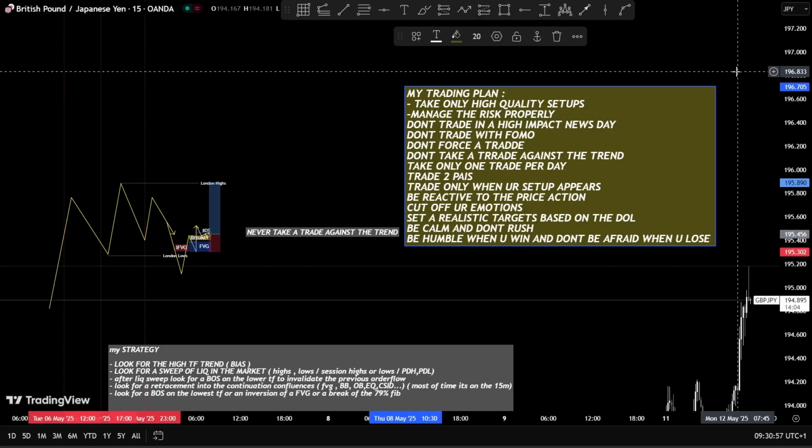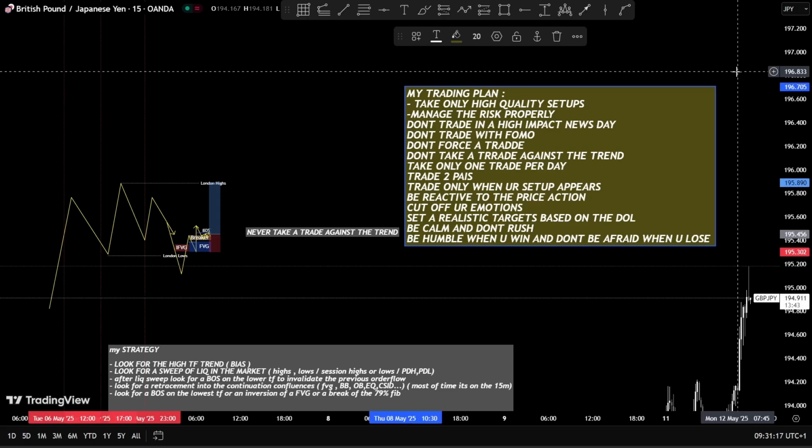You need to be calm. If you took a trade and you won it, it's nothing. If you lose a trade, you only lost 1% of your account, so no need to even worry about that. One win can cover up two losses.